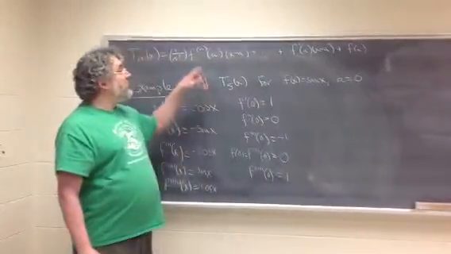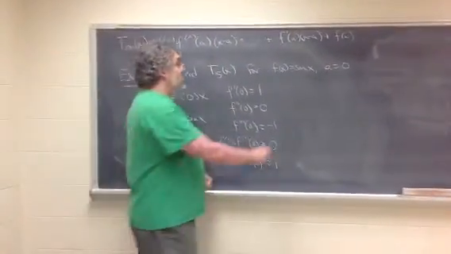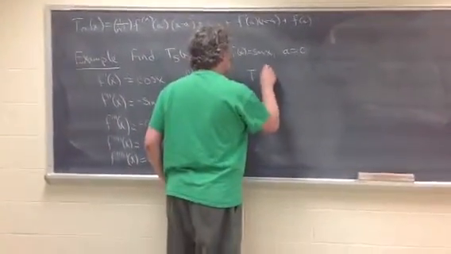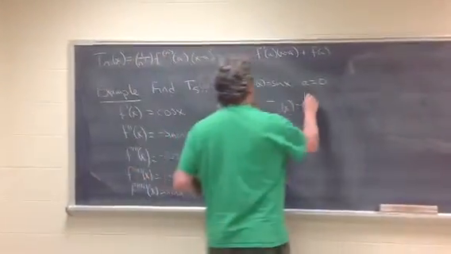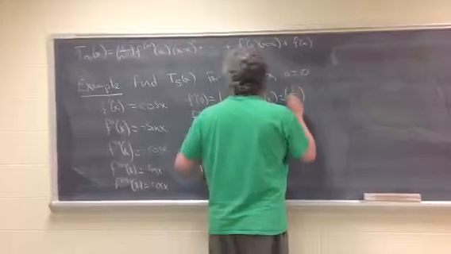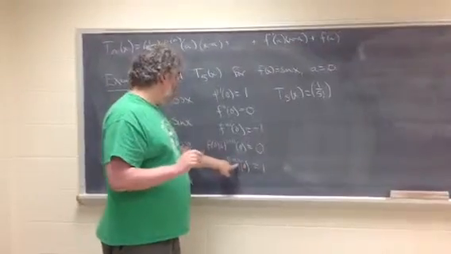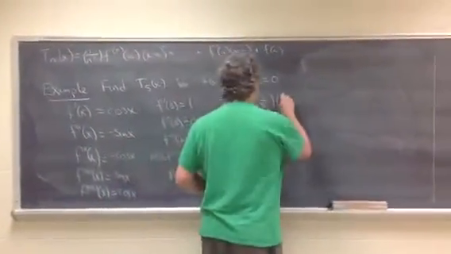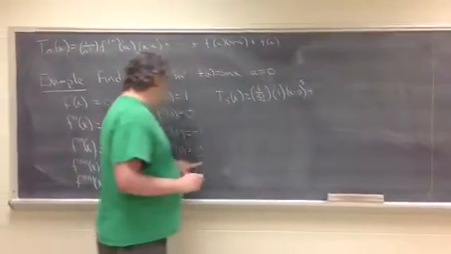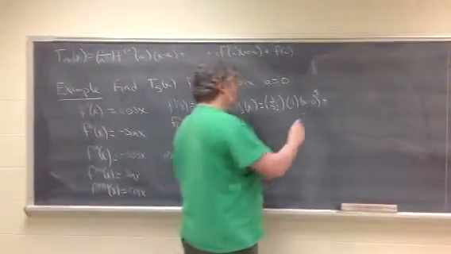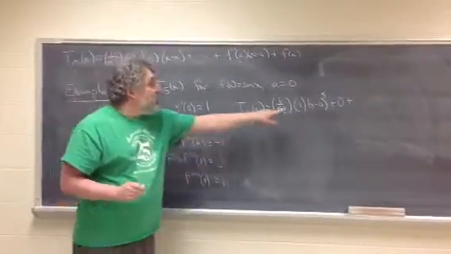Let's put it together. Some of these terms are 0. If they're 0, I'm not going to write them. But we have T5 is going to be 1/5 factorial times the 5th derivative at 0. The 5th derivative at 0 is, yep, that's it, 1, times (x minus 0) to the 5th, plus, the 4th one is actually 0, so we don't need that. Plus the 3rd one, which has a minus 1 here.